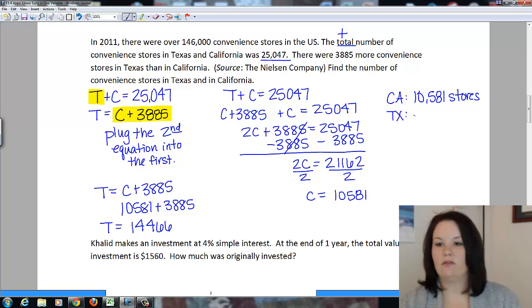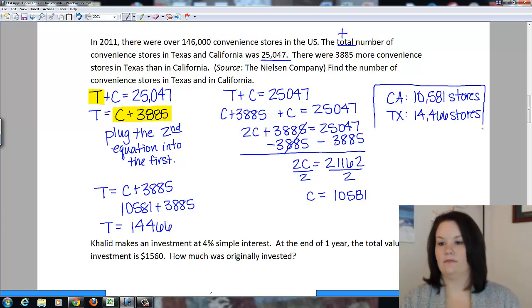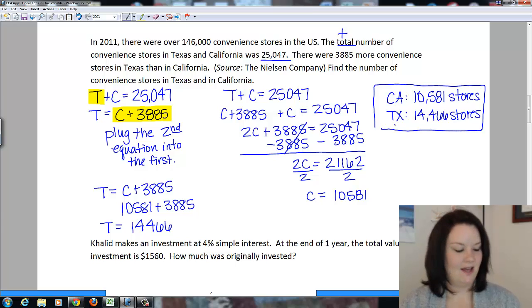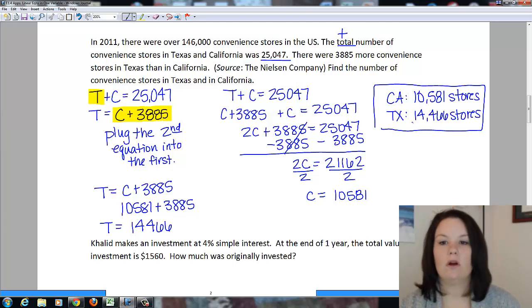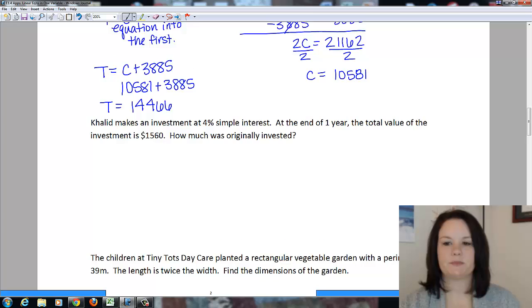So I'm going to write that over here: 14,466 stores. Okay, makes sense? Maybe? There's a couple more. I'll look at one or two more and then I'll have y'all try one.